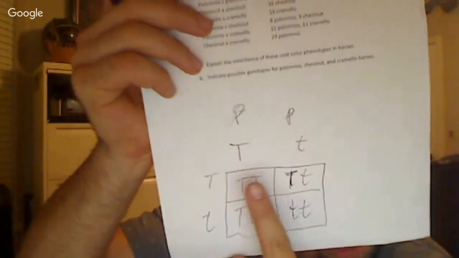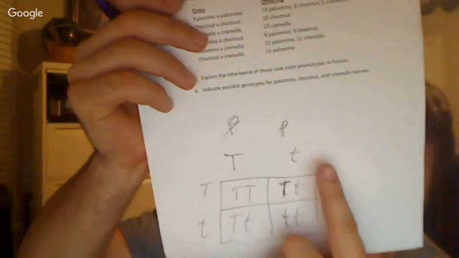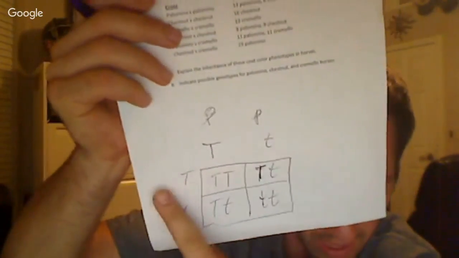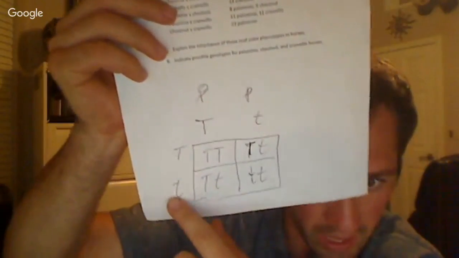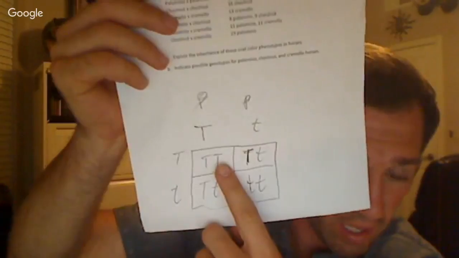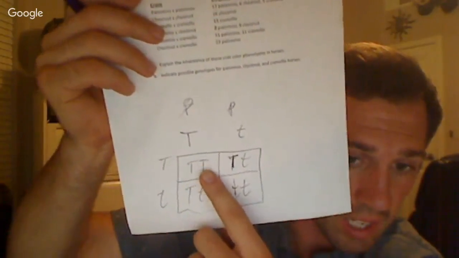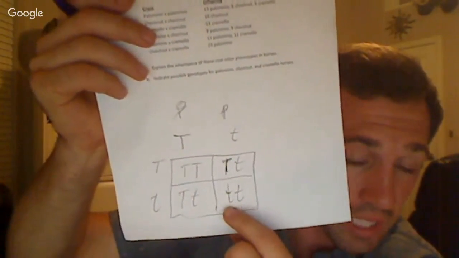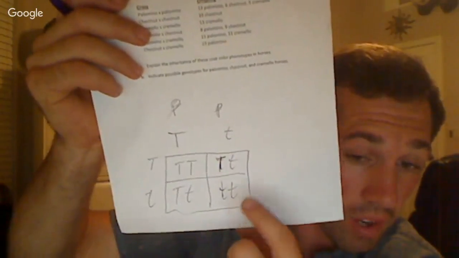So if the Palomino is a split of a big T, little t, and that's also a Palomino, big T, little t, then we want to say that the two uppercase T's are the chestnut, and the two lowercase t's are the Cremello.